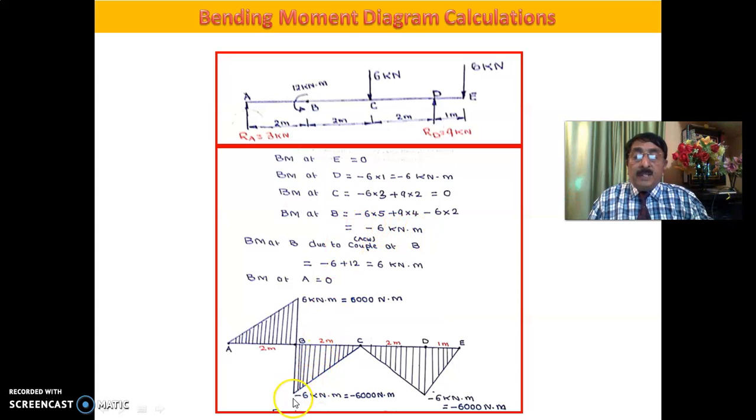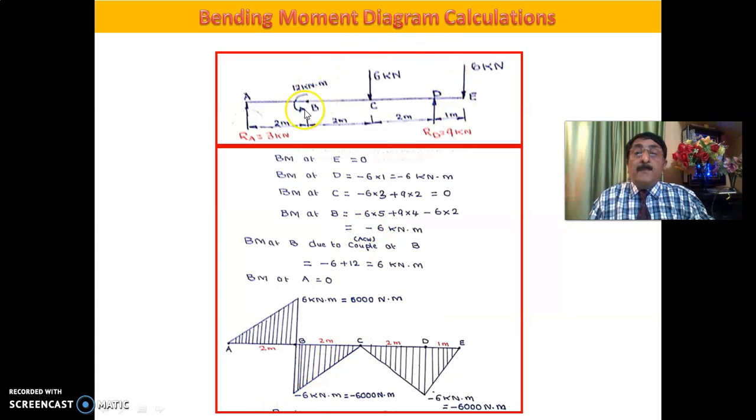I am telling you again: minus 6 into 5, this is clockwise; plus 9 into 4, this is anti-clockwise; minus 6 into 2. Minus 6 kilonewton meter or minus 6000 newton meter. That is the bending moment at B.